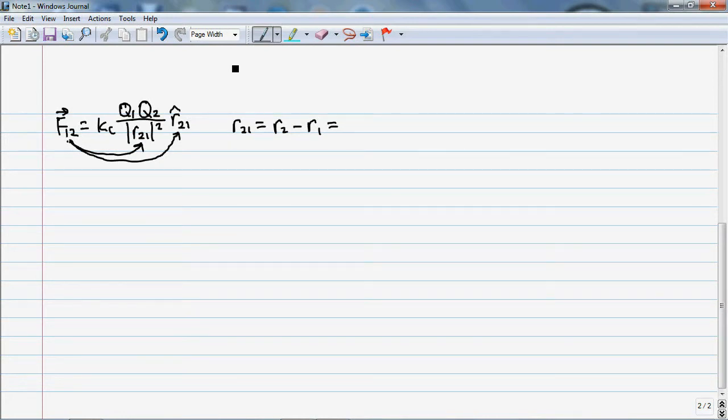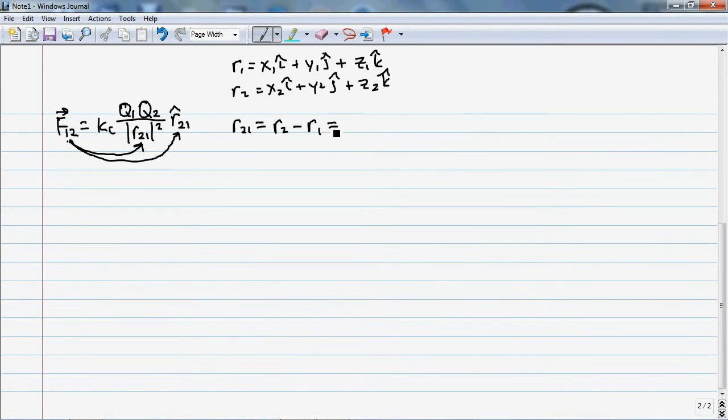Let's say we have r1 equal to x1 i hat plus y1 j hat plus z1 k hat. R2 is going to be x2 i hat plus y2 j hat plus z2 k hat.